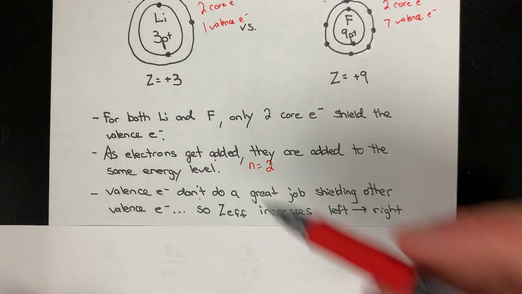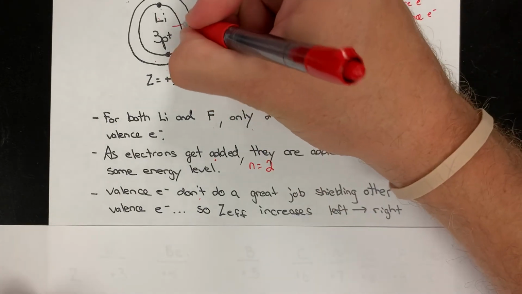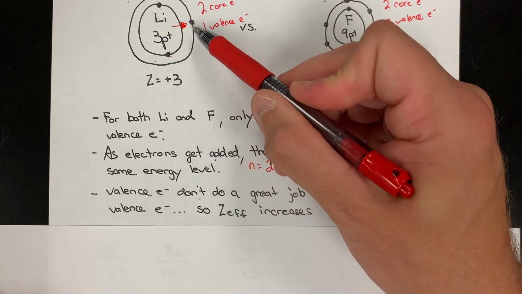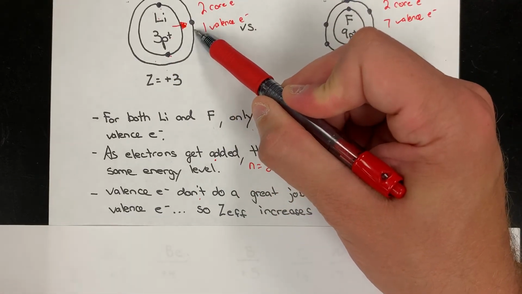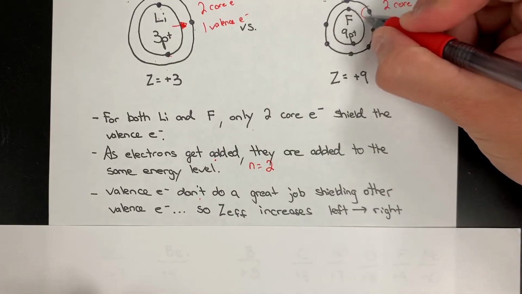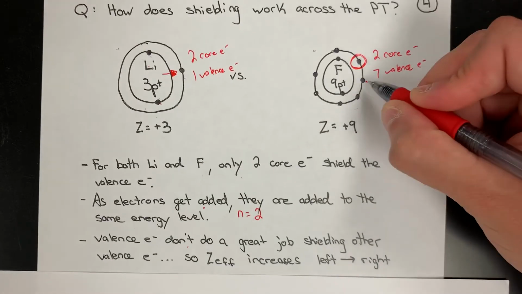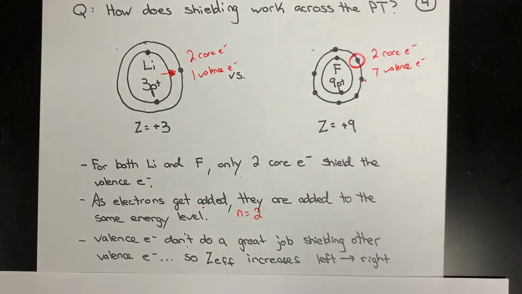Core electrons have the ability to repel valence electrons, but who's to say that a valence electron is really pushing out on another valence electron? In fact, valence electrons can shield each other a little bit, but that's a topic for a more advanced chemistry course. So for now, we're largely going to say the valence electrons just don't do a great job shielding each other, okay?